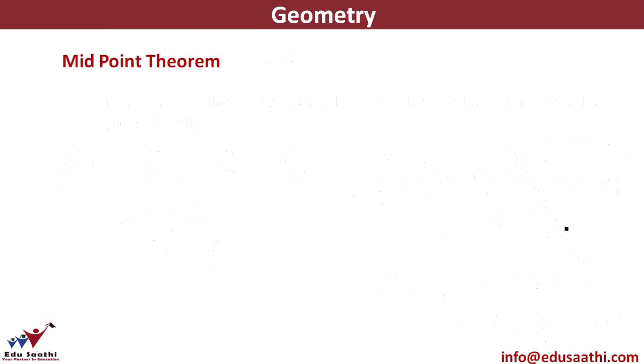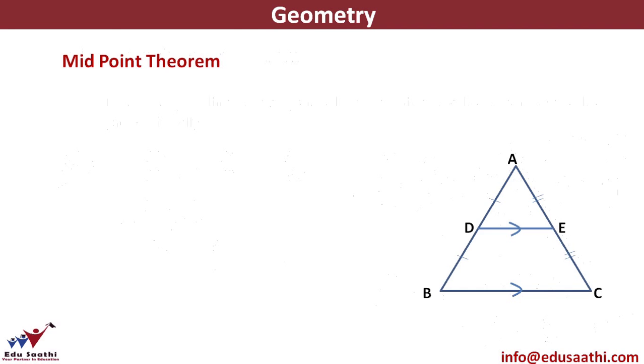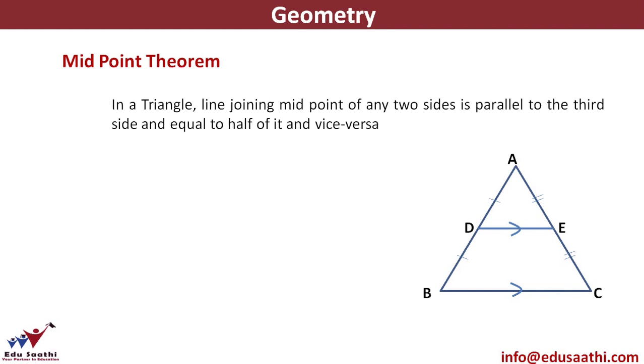An extension to basic proportionality theorem is the midpoint theorem. Midpoint theorem says, in a triangle, the line joining the midpoints of any two sides. So what I've given to you is, this D is the midpoint of AB, this E is the midpoint of AC. The line joining the midpoint of any two sides is, number 1, parallel to the third side.